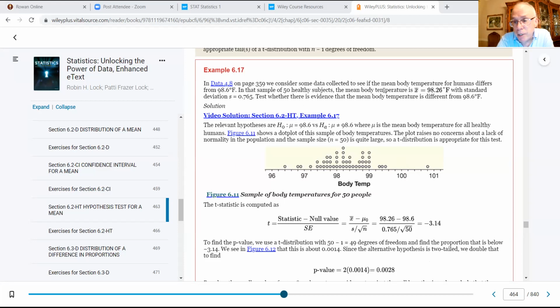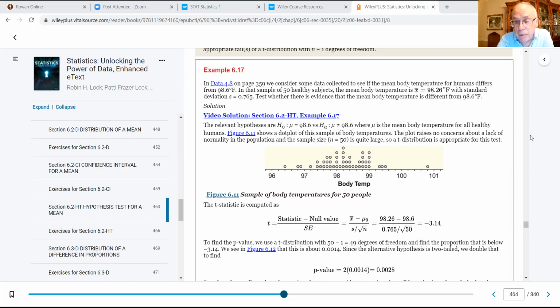Even if we made it 1%, we'd come to the same conclusion. The p-value 0.0028 is much less than alpha 0.05 if the level of significance is 5%. Therefore, we're going to reject the null hypothesis. So that would be step 5, rejecting the null hypothesis. We would write it out that way on our final exam.